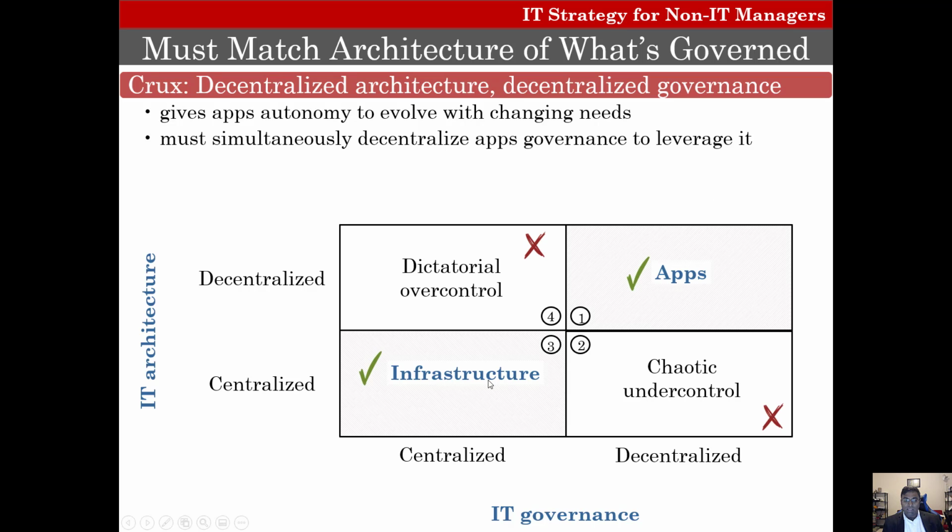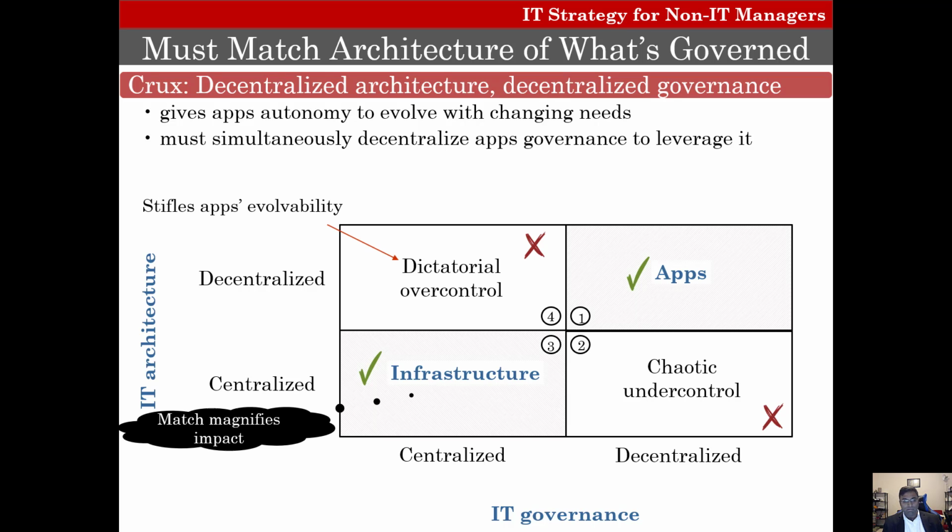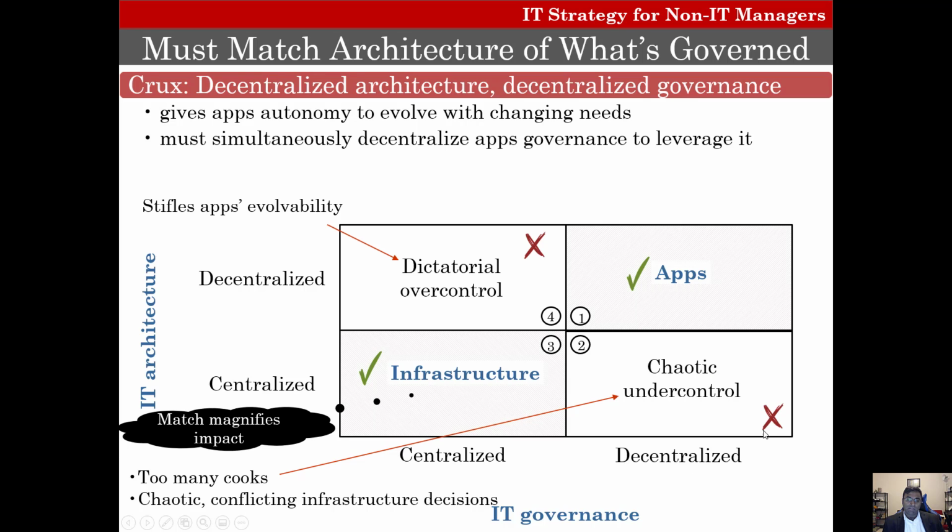So 1 and 3 are the places you need to be. The 4 essentially stifles the ability of applications to evolve. And if you're in 2, it's just very chaotic, and you probably will end up with very complex structures.